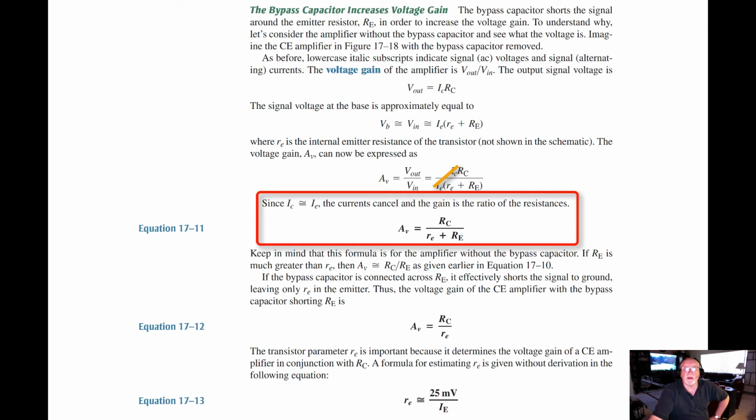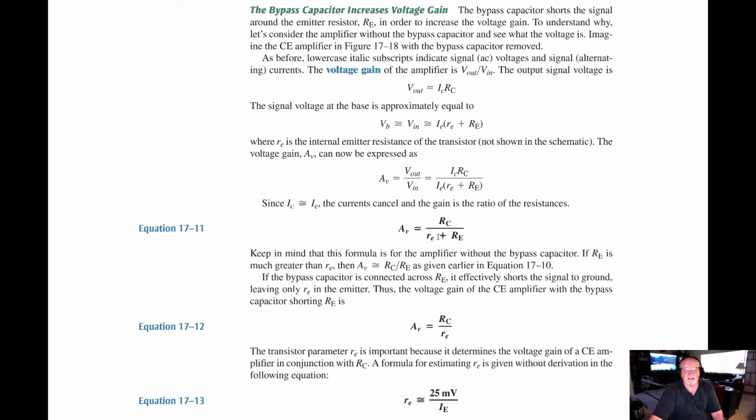So all we're left with then are R sub C over the sum of the internal resistance of the transistor and the drop across the resistor on the emitter.